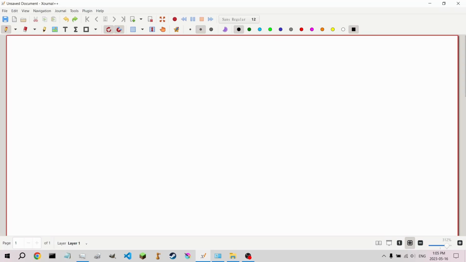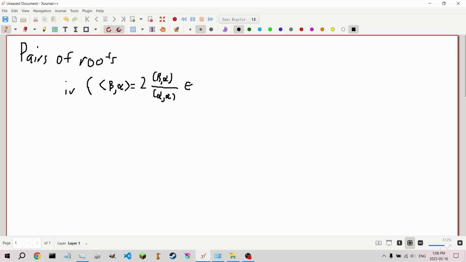Alright, so today we are covering pairs of roots and potentially something else too, but our first topic for this video is pairs of roots. And so if we recall our fourth axiom, which was that the square bracket between beta and alpha, which I believe was 2 times the form of beta and alpha over alpha and alpha, is an integer.